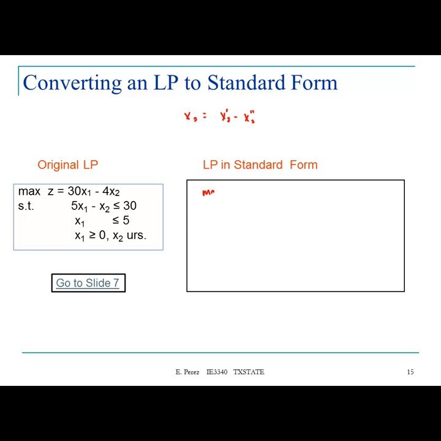So we're going to have max z equals 30x1 minus 4x2 prime plus 4x2 double prime, subject to 5x1 minus x2 prime plus x2 double prime plus s1 equals 30, and then we have x1 plus x2 equals 5, and we have our non-negativity constraints.